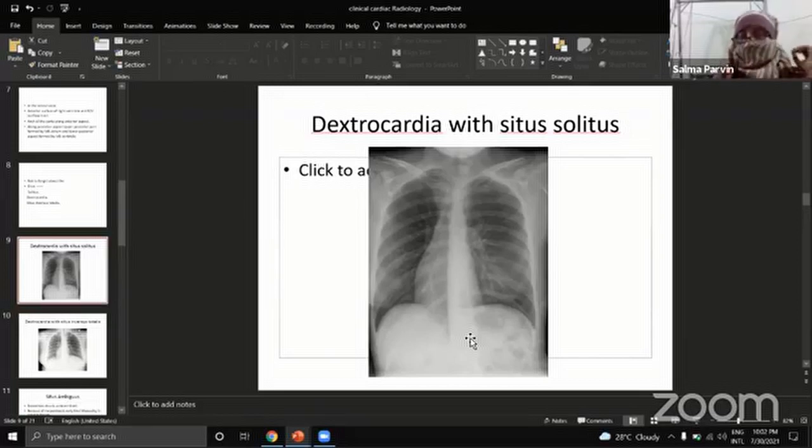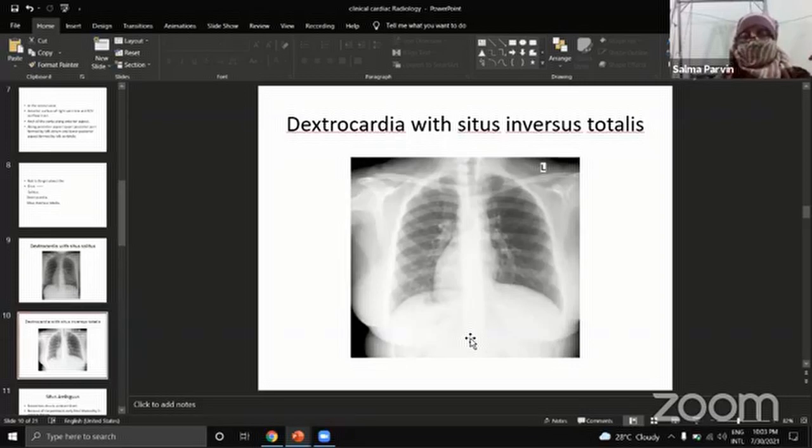So that is the question for us to discuss with dextrocardia. We are talking about left and right sided heart so that we can memorize it in our practicing life.